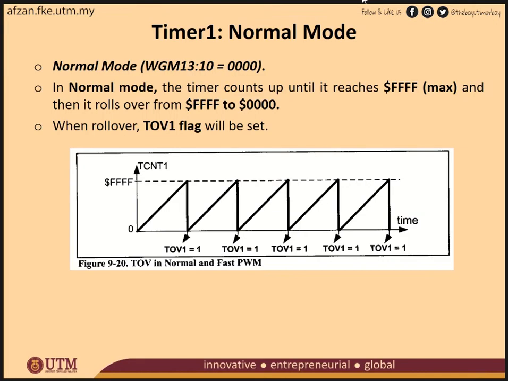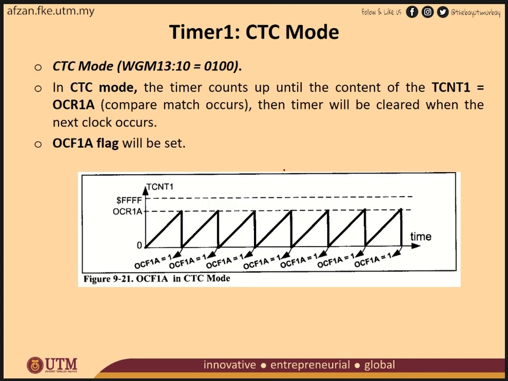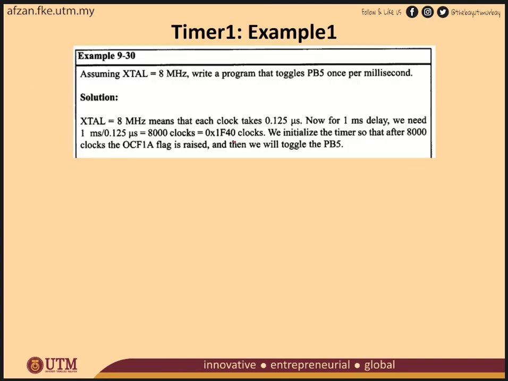So again, in timer 1, you have two modes: normal mode and CTC mode. This is similar to what we did in timer 0 and timer 2. Right, so let's look at this example 1 here.